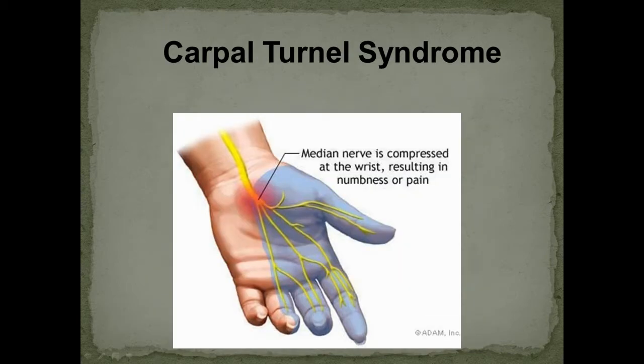In carpal tunnel syndrome, the median nerve is compressed at the wrist, so there will be numbness or pain in the parts supplied by the median nerve.